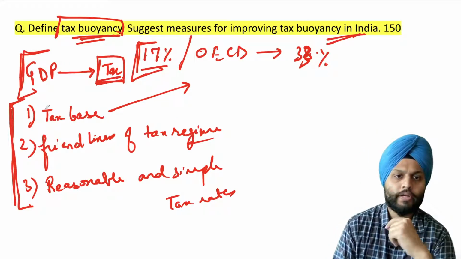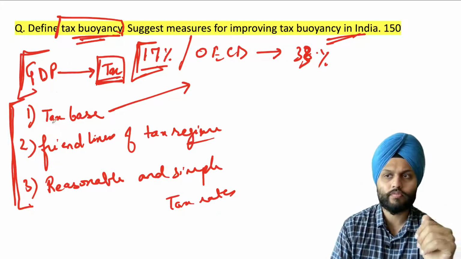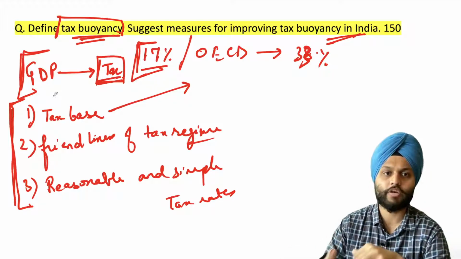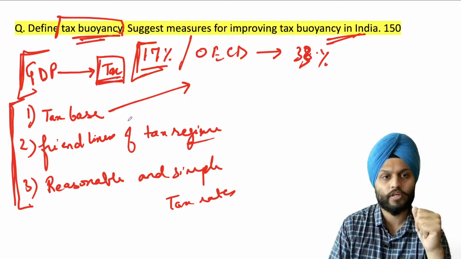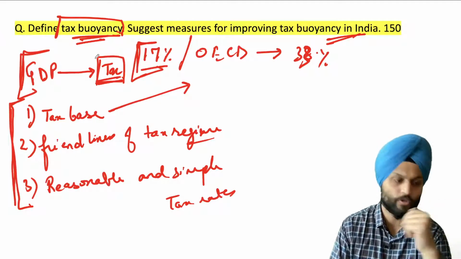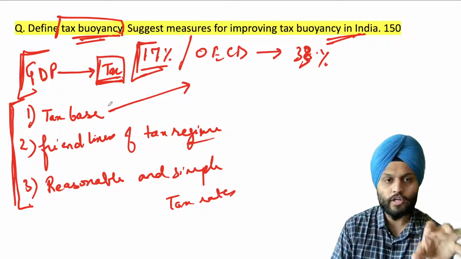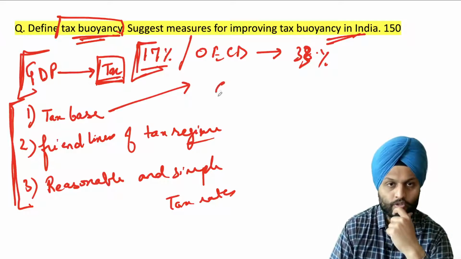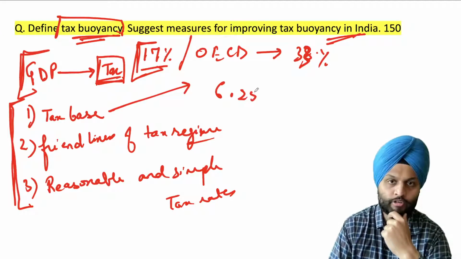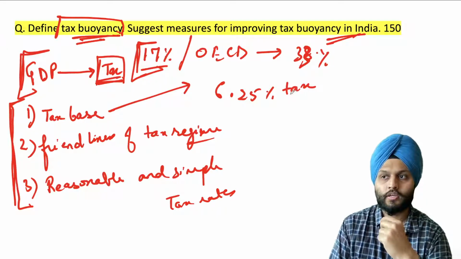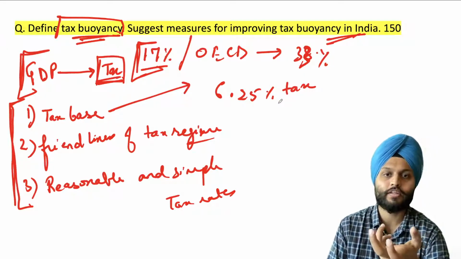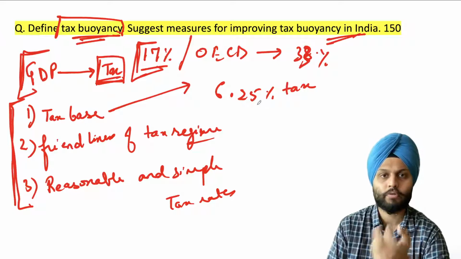And the reasons could be the tax base, the number of people who are actually paying tax is very, very less, right? In fact, the measures are actually here only. If you can improve this, naturally your tax buoyancy will increase. So the number of people who are paying tax. In India, we have 6.25% who are paying tax. And the bulk of this is the middle class salaried people.